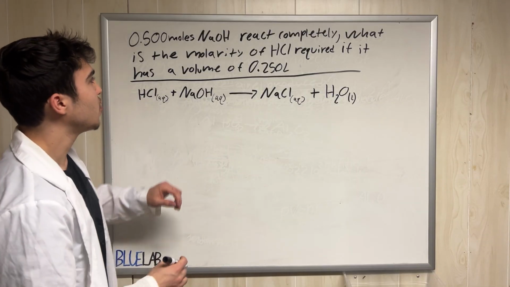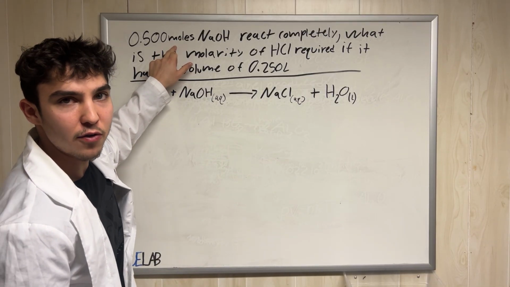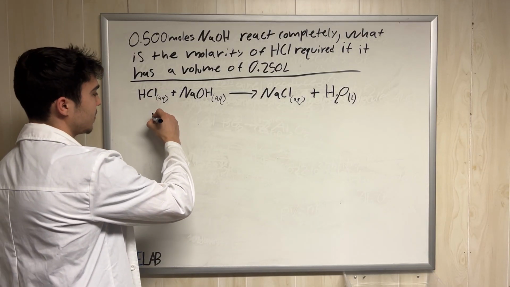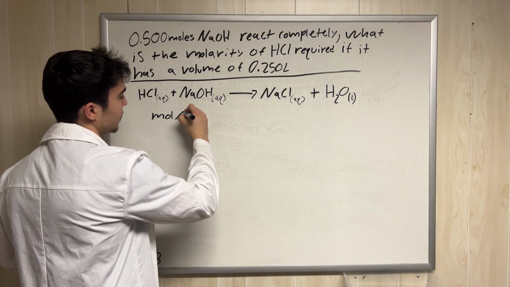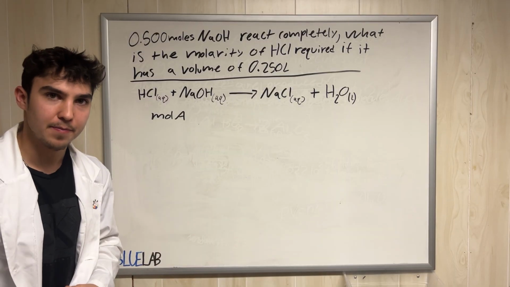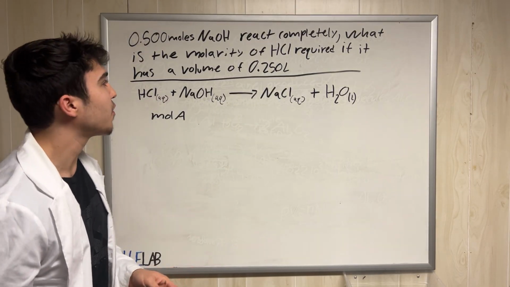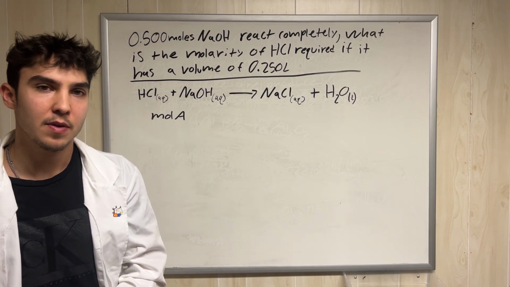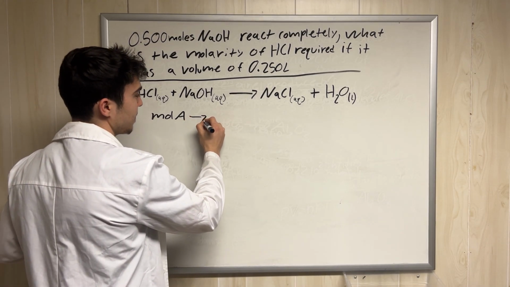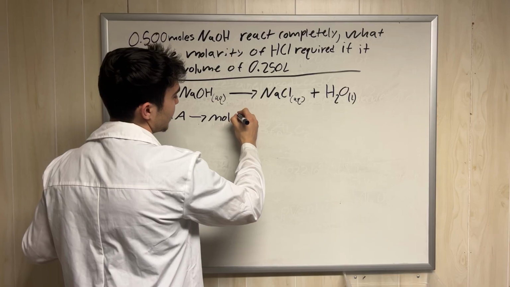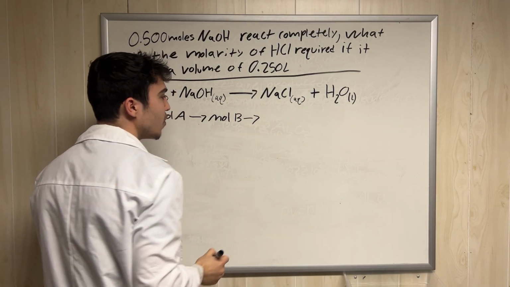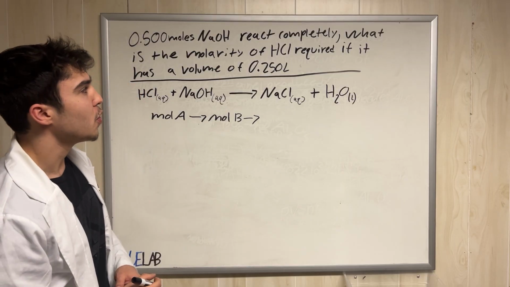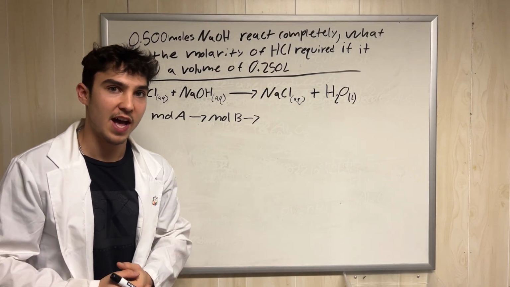So first things first, we're given 0.500 moles of NaOH. So we're going to start there. That's going to be our moles of A. Our moles of A are then going to have to convert, if you look at your mole maps, to moles of B. From moles of B, we can directly find molarity of B. Remember, we're trying to find the molarity of the hydrochloric acid.